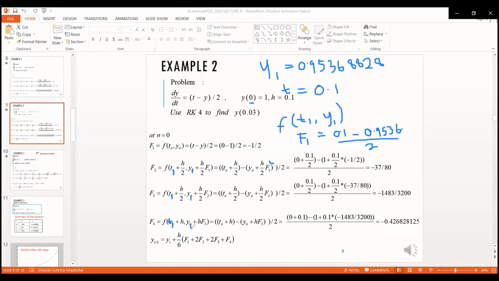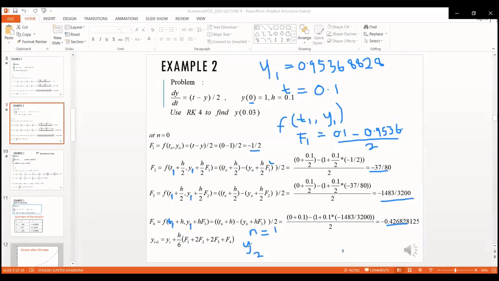Then once you are done with this step, the next thing is to repeat the iteration. You plug your new values, all 4 values, into this function. Because now we are at n equals 1, it means we are looking for Y2, that's 1 plus 1 here.